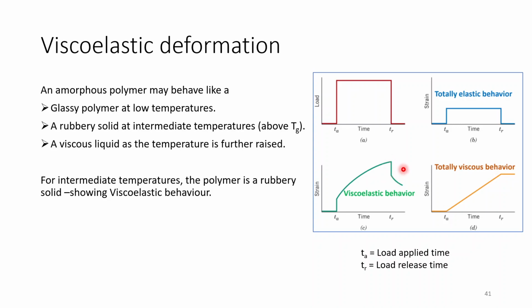So it will come back to its original shape to some extent, but also show some permanent deformation. In the case of totally viscous behavior, within the entire time it will show viscous behavior, so it will show an increase in strain, and when you release the load, it won't show its initial shape and length of material.